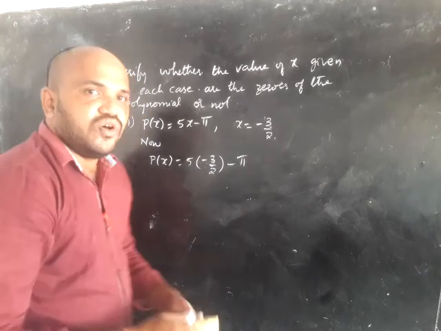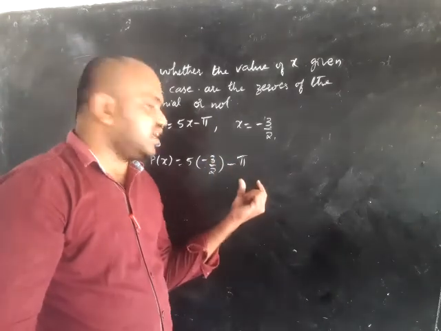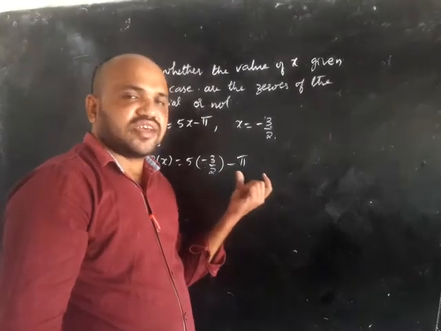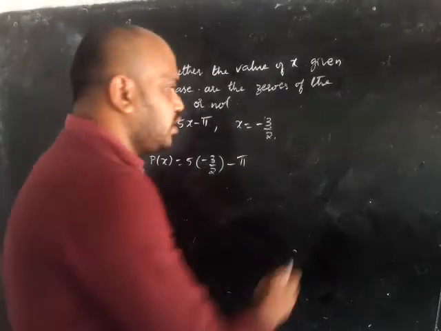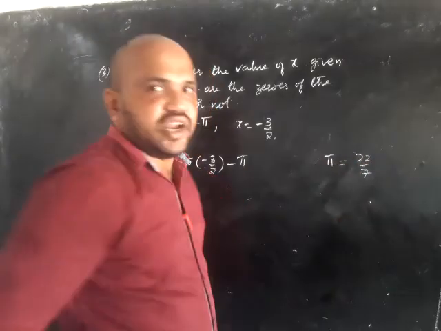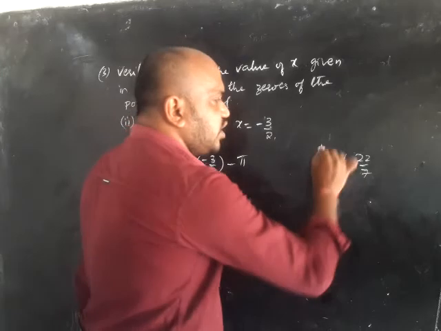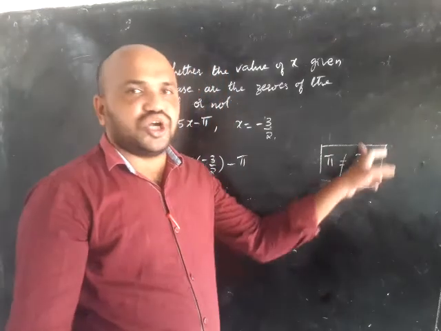See here, so in our problems in the area of circle or in finding the circumference of circle, we use the value of pi as 22 by 7, but generally pi is not equal to 22 by 7. Why? Because pi is approximately equal to 22 by 7.